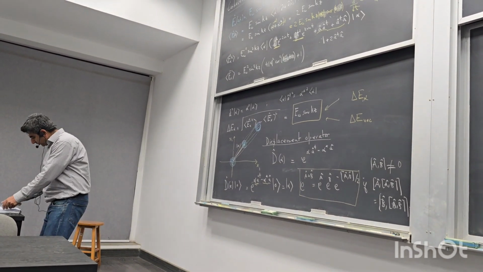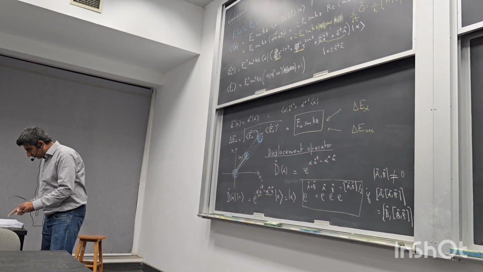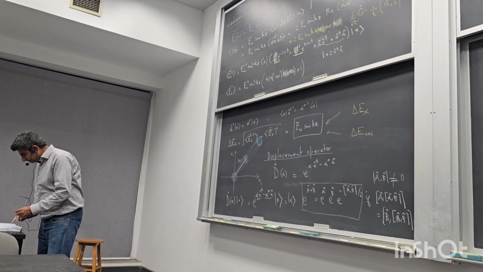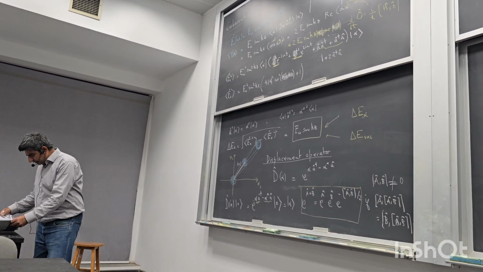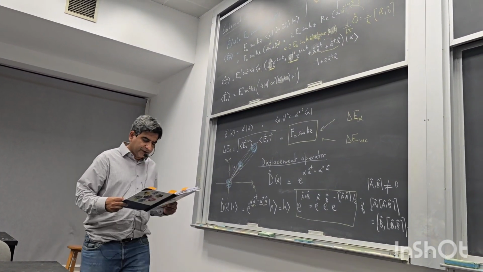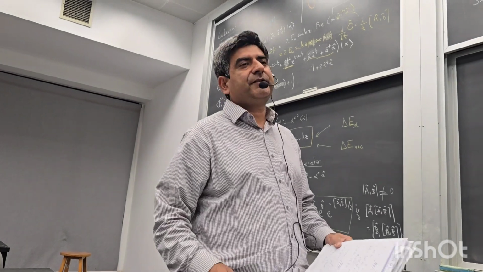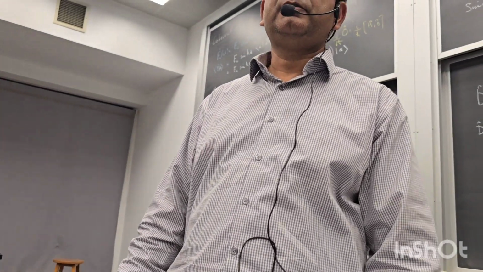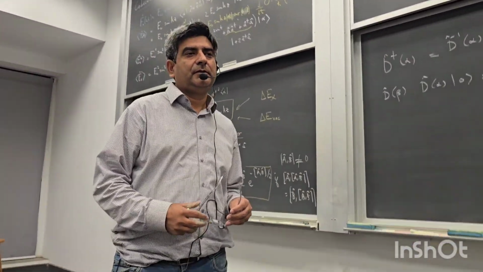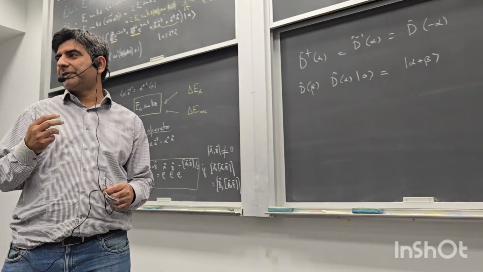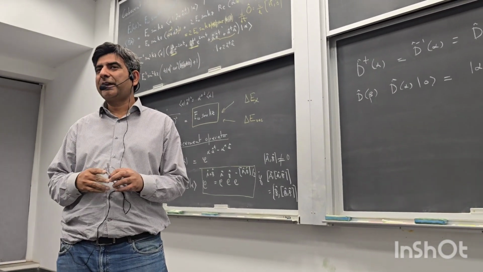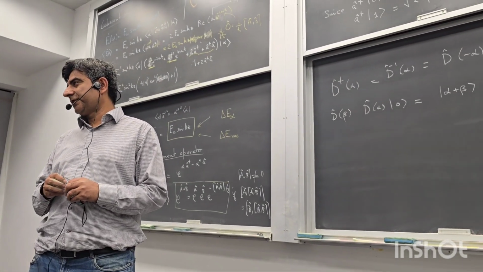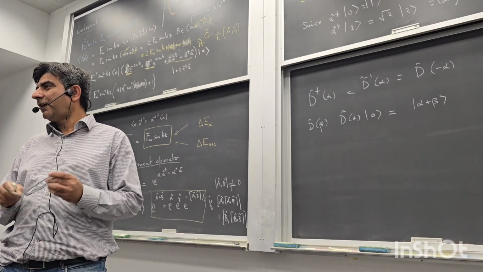Now, I would like to do a calculation on how these coherent states evolve with time. But before that, I would like to describe how these coherent states look like in the position representation. How do they look like?